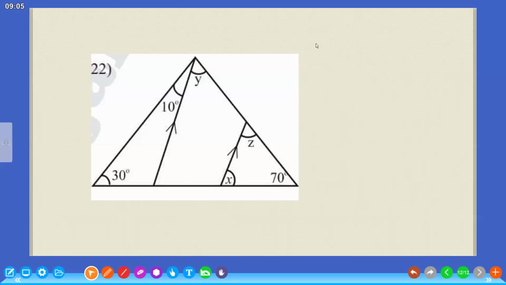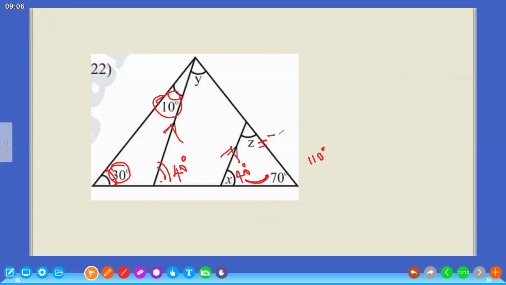I think the time is enough, right? Okay. Right, this is 10, this is 30, students. We can find this one. How much? 10 plus 30, this is 40 degrees. If this is 40, these are parallel, so this is 40 degrees. Okay. 40, 70. So 110.